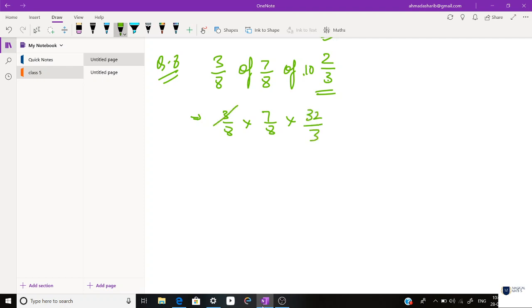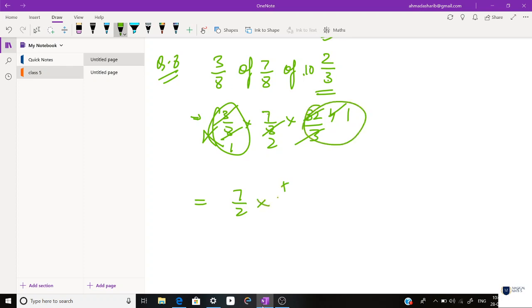Okay, this 3 cancel. 8 ones are 8. 8 fours are 32. Now 4 ones are 4, 4 twos are 8. So finally you have got 7 upon 2, because this is reduced, so we will not write this. 7 upon 2 into 1 upon 1, and this is also reduced. So do not write anything except 7 upon 2. This is your answer.